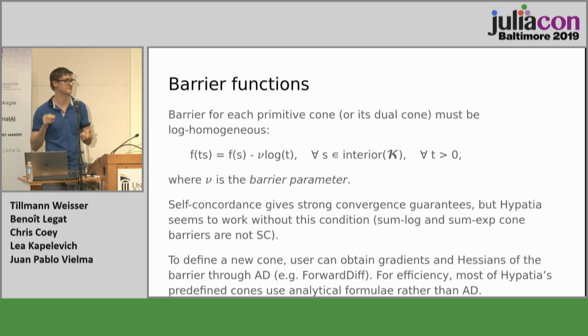It doesn't come up with errors, but it can be a bit slower. It can take more iterations if you don't have a self-concordant barrier. And it's convenient to obtain the gradients and Hessians of your barriers if you use automatic differentiation, but for efficiency, for our predefined ones, we've actually gone and found analytical formulae for all of those.